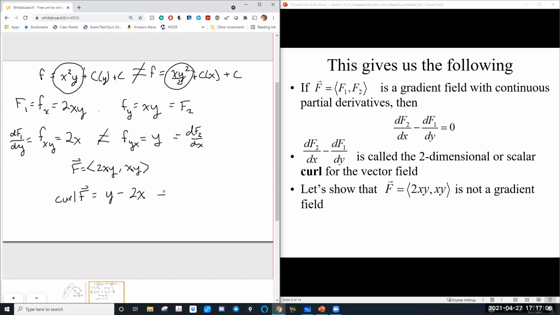That's our curl. It does not come out to be 0, so we know that we have a path dependent vector field. All right, that's how the curl test works.